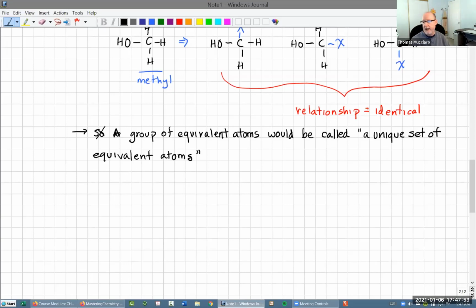A group of equivalent atoms, what we're going to call them is a unique set of equivalent atoms. The idea being that they're unique, which makes them different from other sets of equivalent atoms, right? So like if I had a CH3, those are one set of equivalent atoms. Then if I have a CH2 that the two are equivalent, that would be a different set. And so that's why each one is a unique set, right?